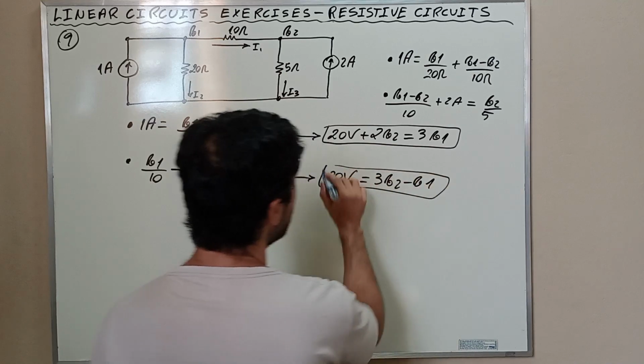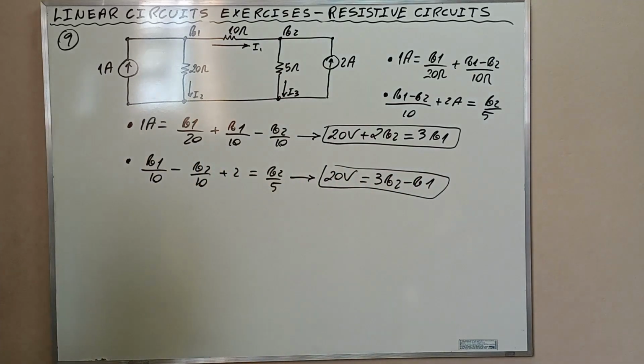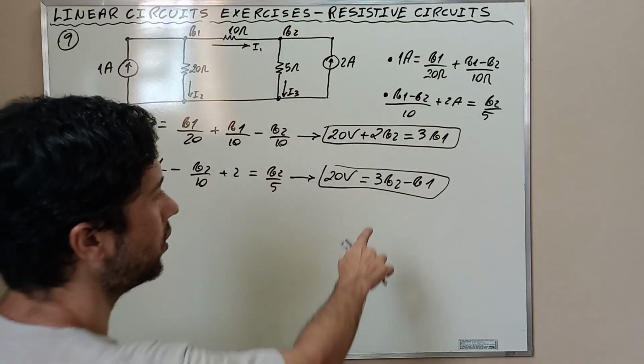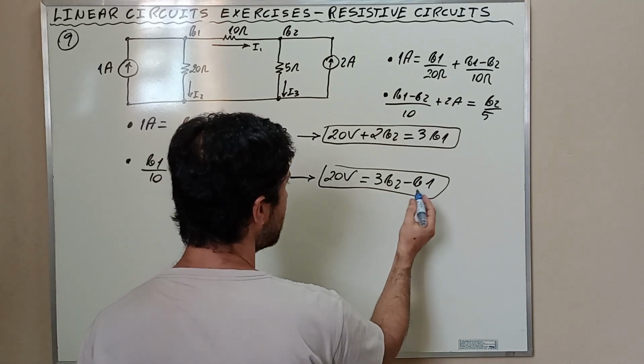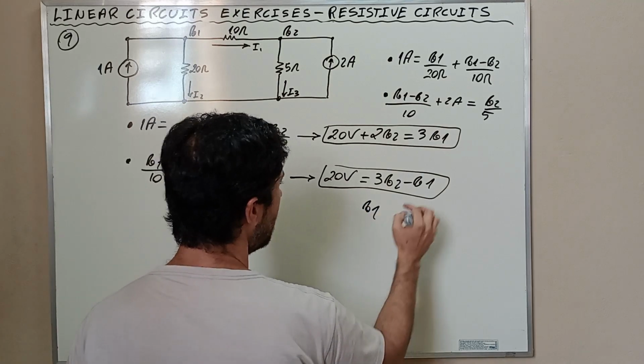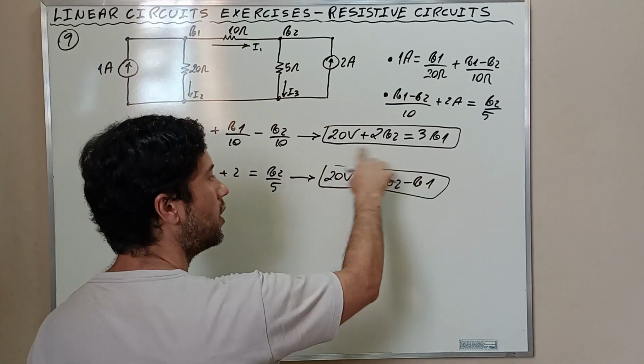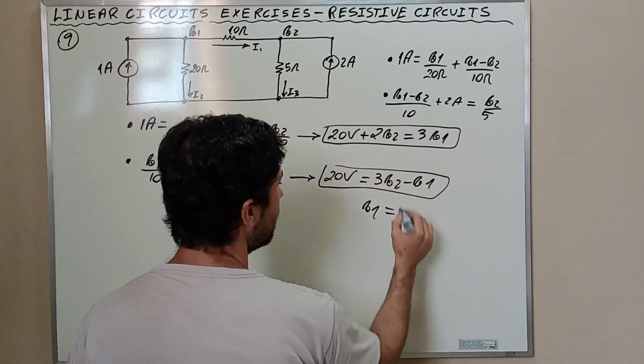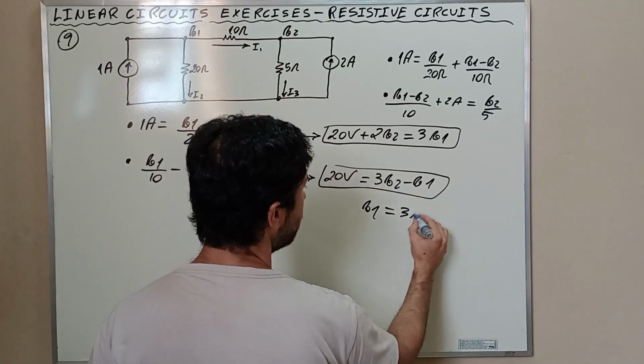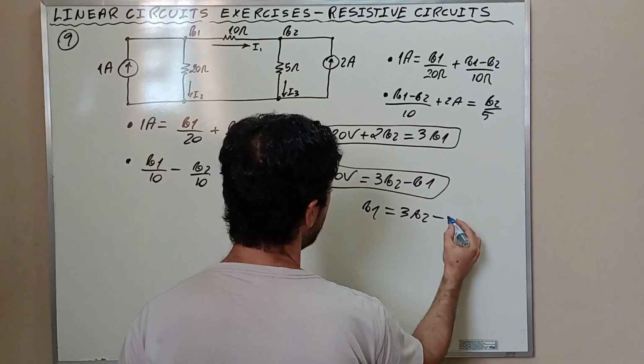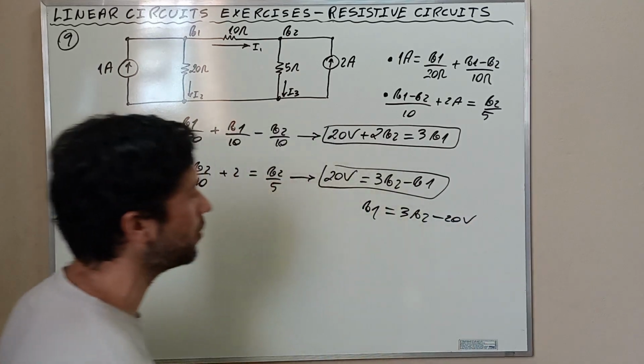Alright, my friends, these are the expressions that we are working with, and from here we can immediately see that V1, I pass negative V1 to this side, I leave it here, 3V2 minus 20 volts. Okay, my friends?